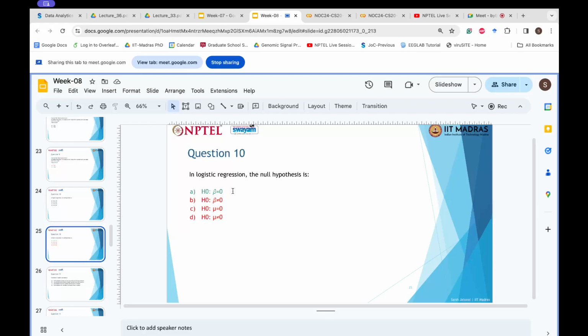It means that the dependent variable y is not dependent on any of the independent variables x1, x2, x3. So if the betas are 0, it means that it is constant throughout, like 1 upon 1 plus e to the power minus beta naught. All the beta 1, beta 2 up to beta n are 0.